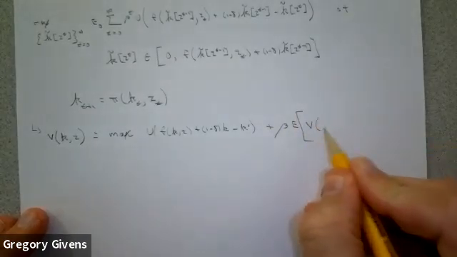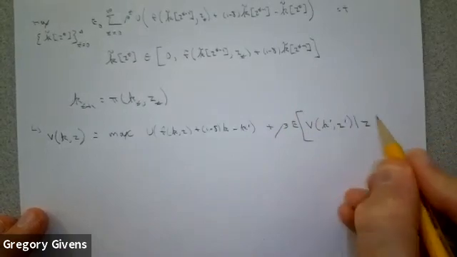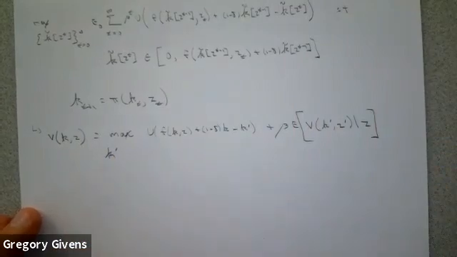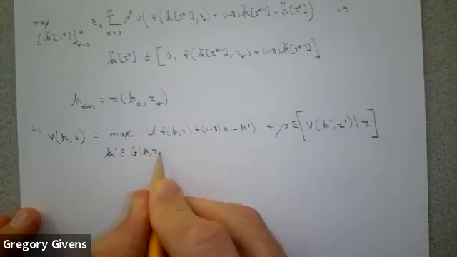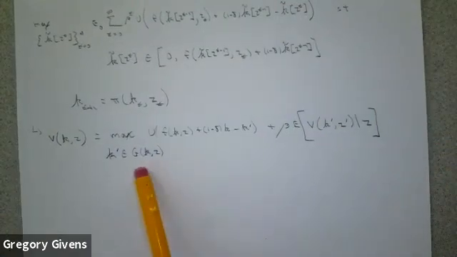Expected value of v(k prime, z prime) conditional on z, where the maximization is over choosing this policy function for k prime from a constraint correspondence G that depends on the current capital stock and the current realization of the shock.